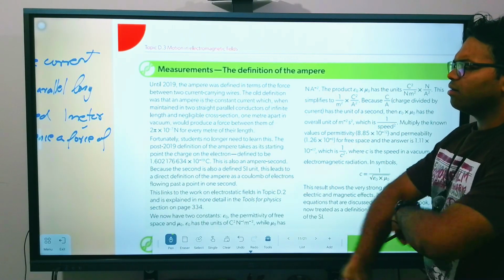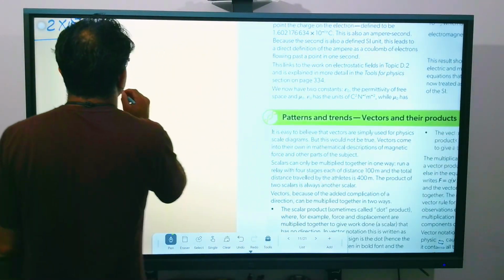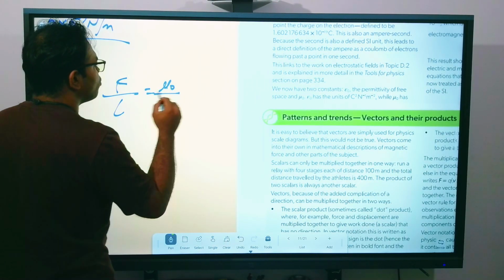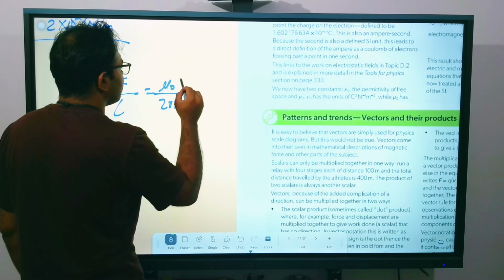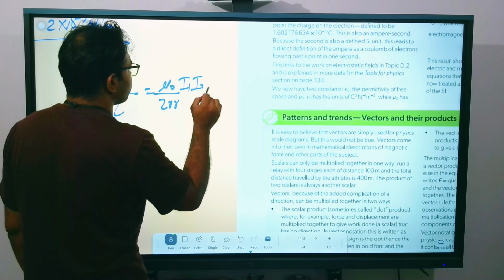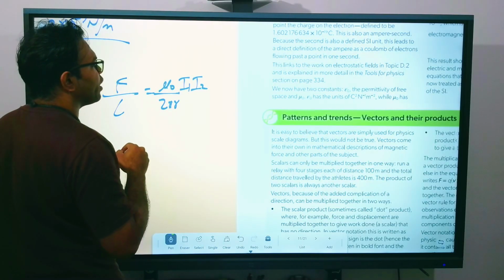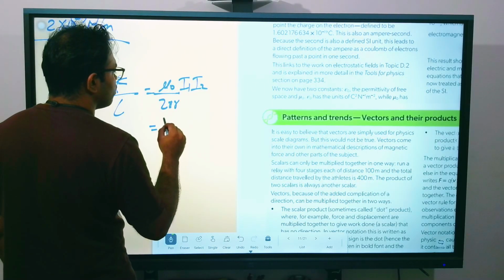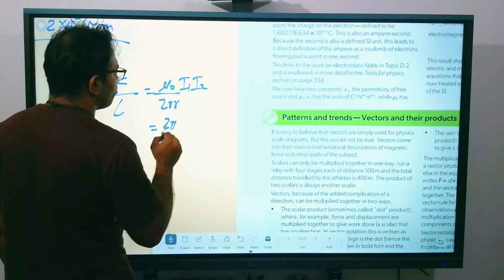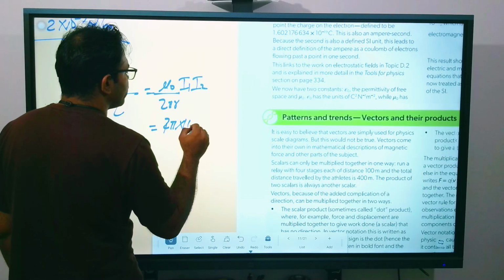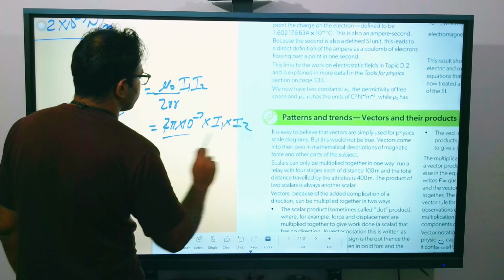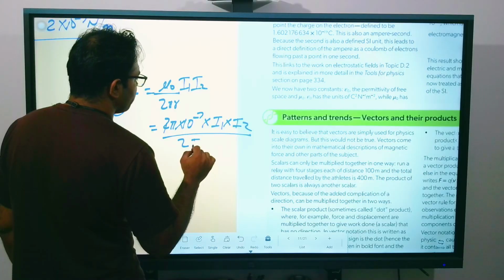Wait, what? We know that force per unit length is equal to mu naught upon 2 pi r, I1 I2. Mu naught into I1 into I2 upon 2 pi r. Therefore, mu naught is 4 pi into 10 to the power minus 7 multiplied by I1 multiplied by I2 upon 2 pi r.